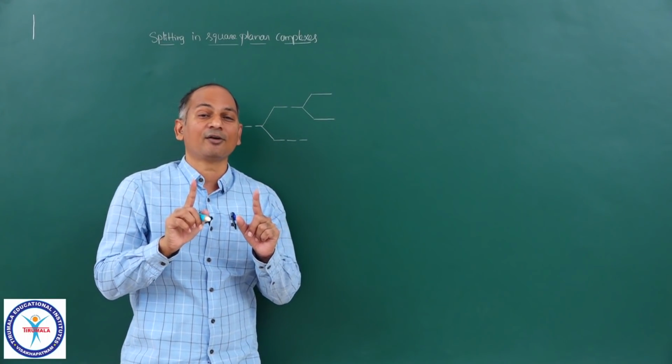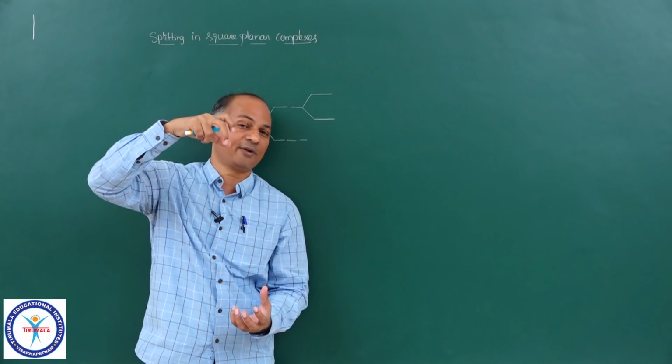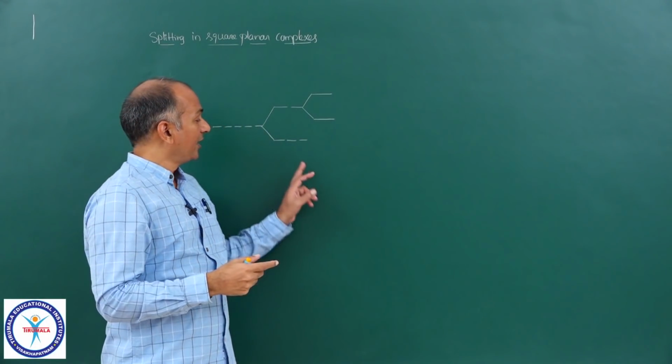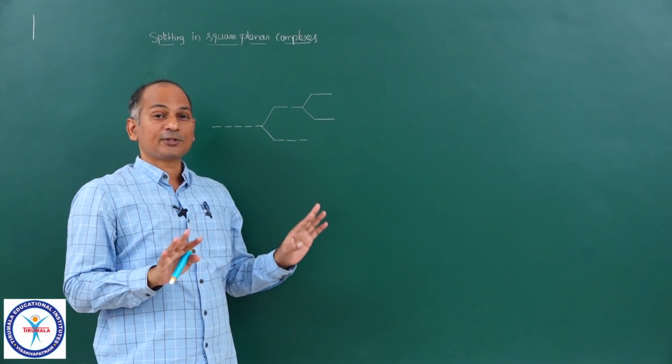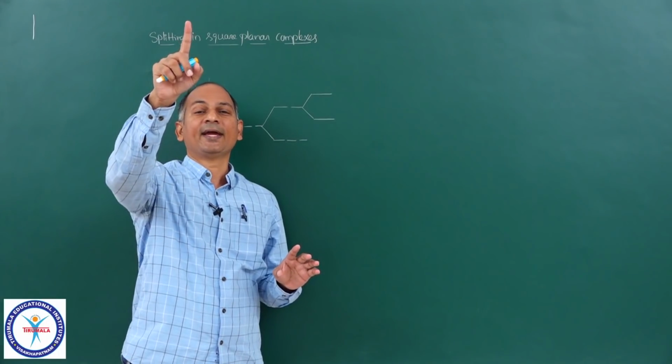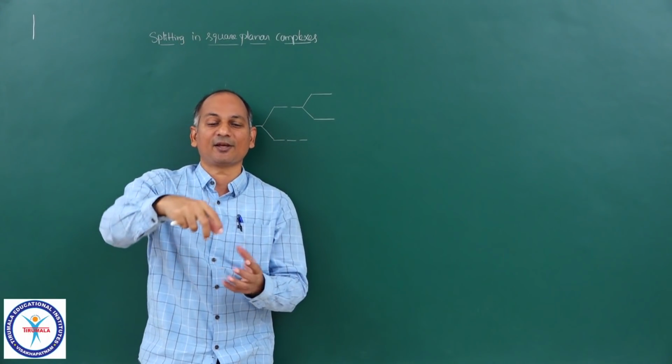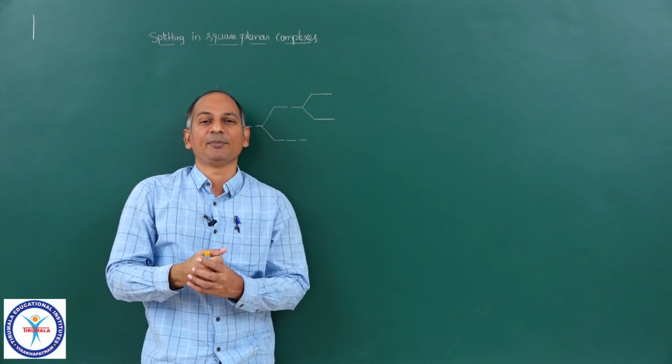If the ligands along the z-axis move away from each other, of course these three orbitals will also split, because ligands along the z-axis are moving away from each other.